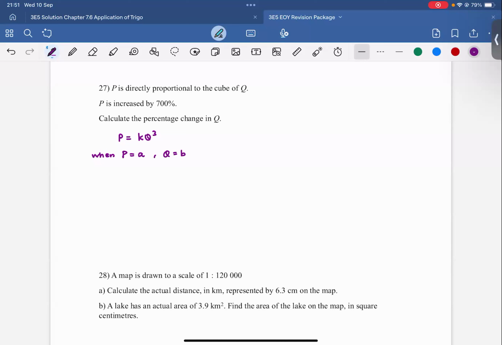This way of solving can be a bit more lengthy, but you can see the way that I do is very identical to how you solve the previous two questions. Always have two numbers first, put them in, find your k. After finding k, what do we do? We put it back into the equation.